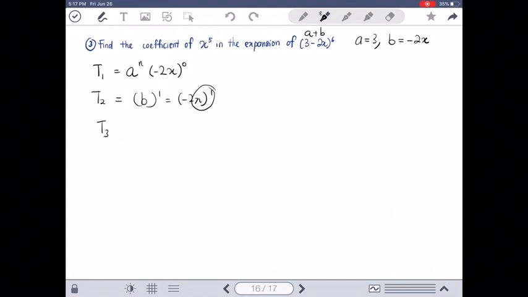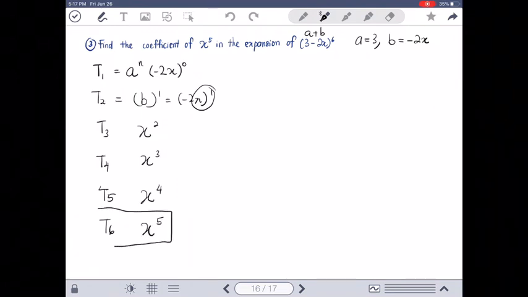The third term, x is going to be to the power of 2. The fourth term, x to the power of 3. The fifth term, x to the power of 4. The sixth term, x to the power of 5.